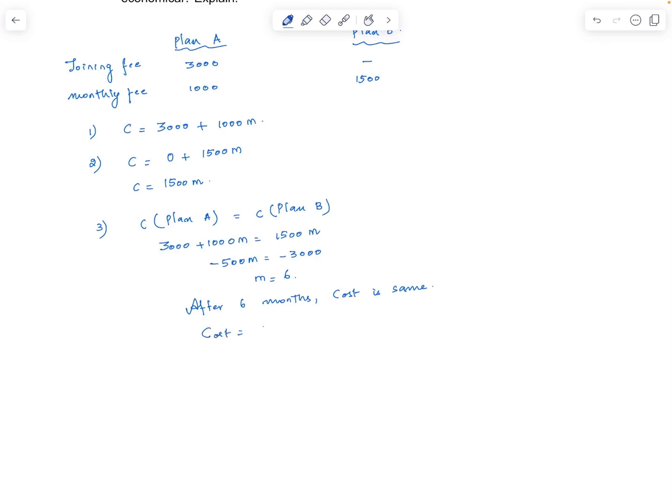Cost is equal to 3000 plus 1000 times 6, which is rupees 9000.